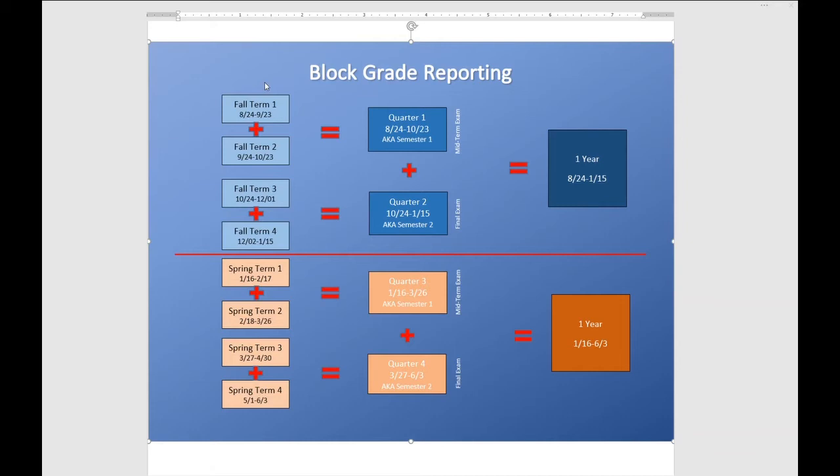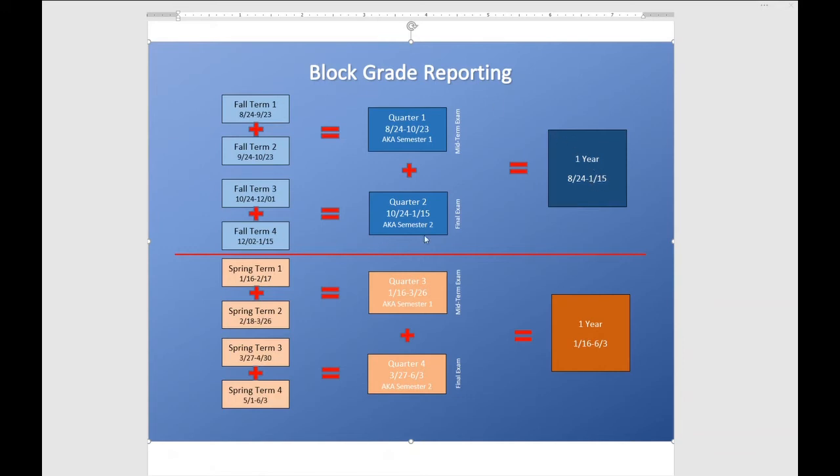So this is typically 4.5 weeks. This is typically 9 weeks. 2 9 weeks make up a semester, but right now it's 4.5 weeks, 2 of them make a semester, 2 semesters, a school year. So we are going to complete a school year's worth of instruction in the first half of this school year, calendar year, by 1:15.